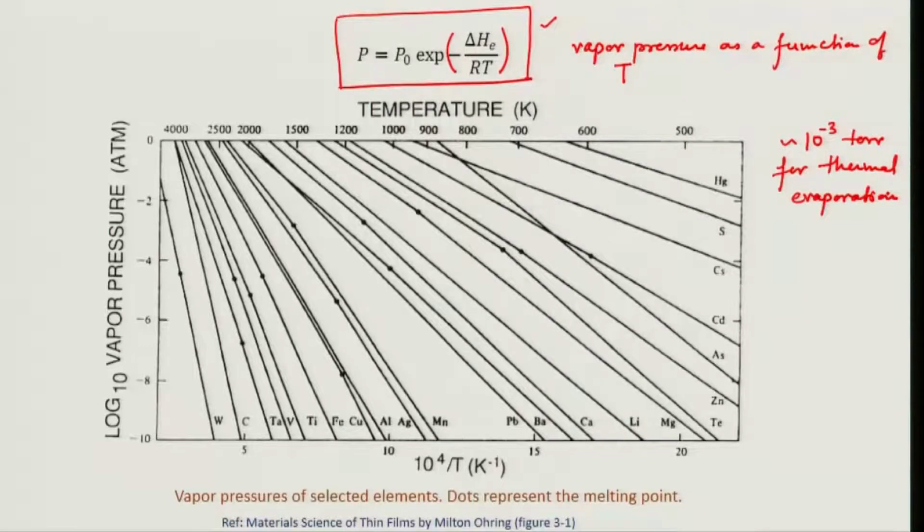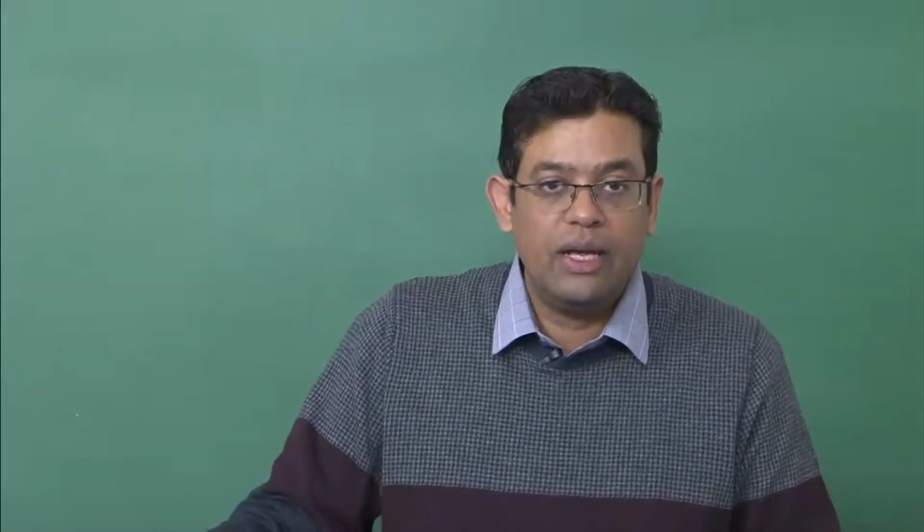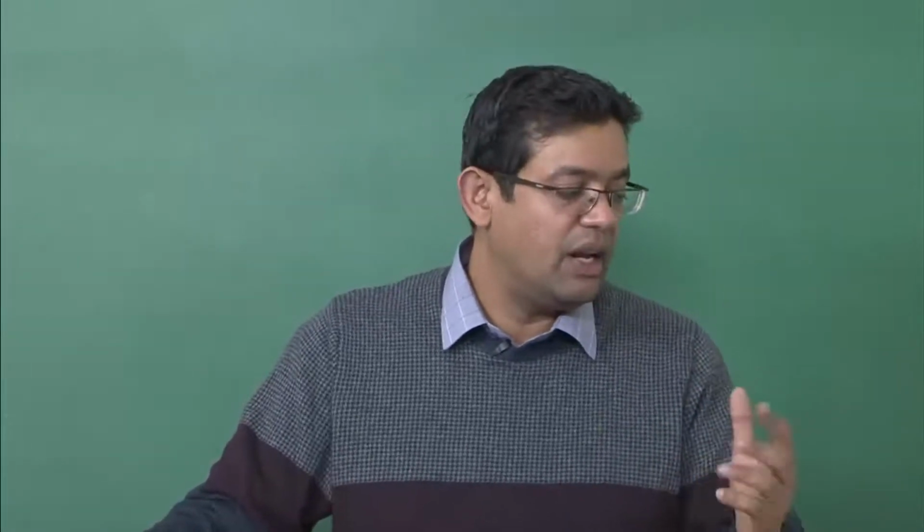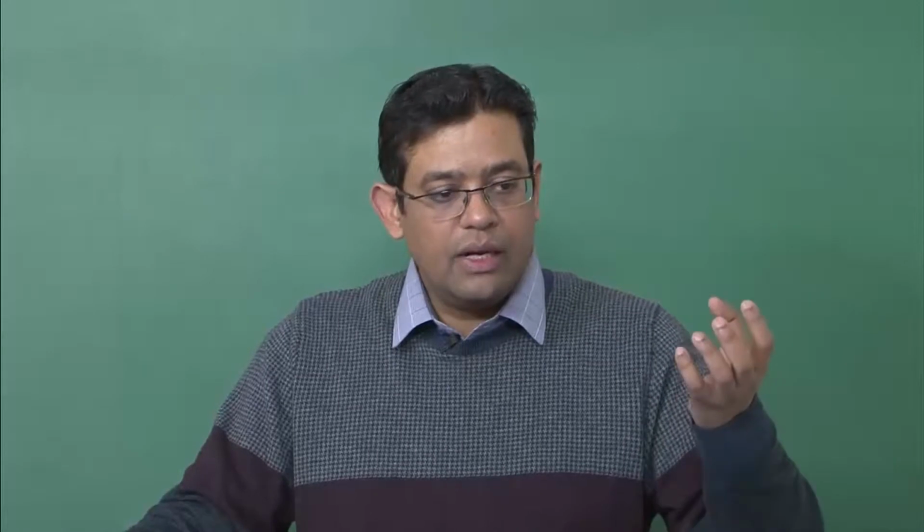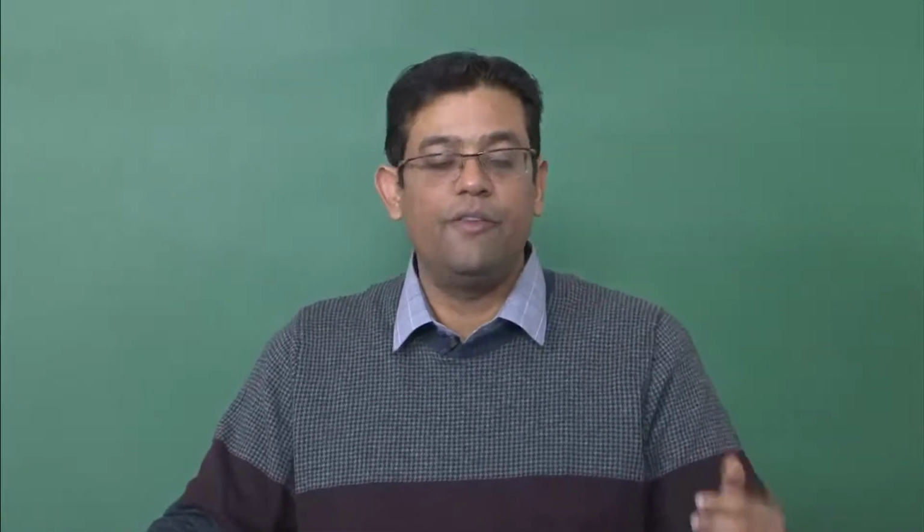If by heating you cannot get this pressure of the material, then probably you cannot use thermal evaporation for that material. Suppose you want to deposit silicon oxide, or aluminum oxide, or some refractory metal like tungsten, whose melting point is above 3000 degrees C. So, you cannot create enough vapor pressure to deposit these materials.